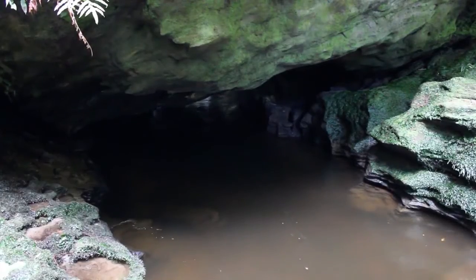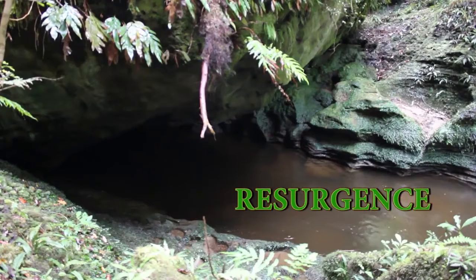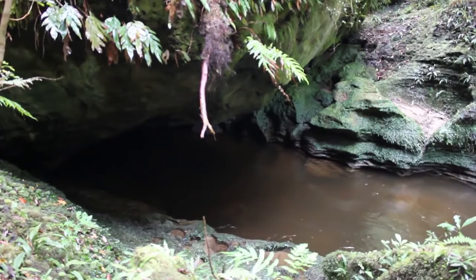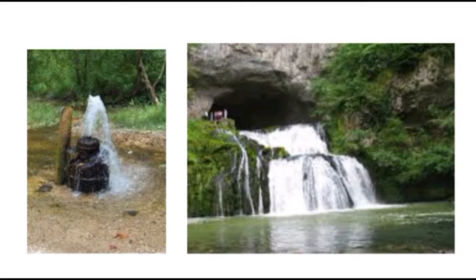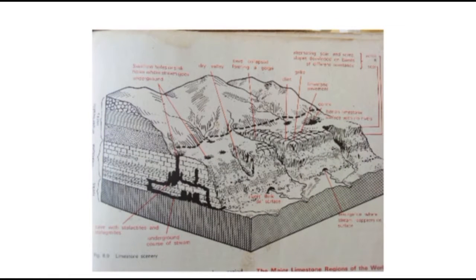If there are rocks underlying each other in differential strata, it can result in a spring, where water comes out gently from the rock or gushes out from the rock.